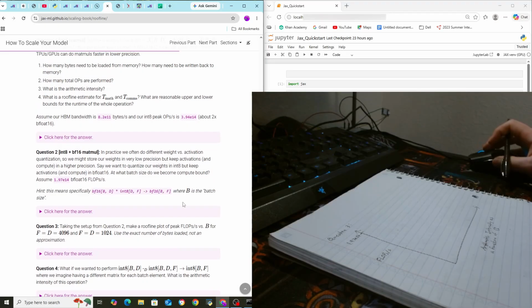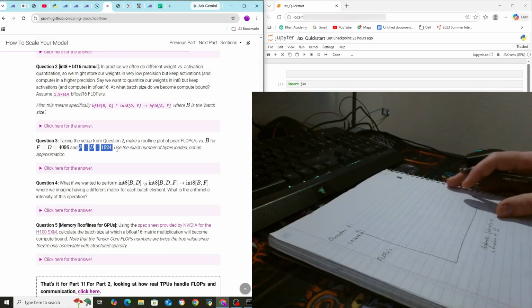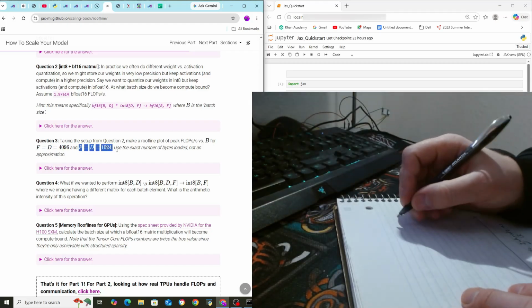It's not so simple. So maybe arithmetic intensity as a function of B isn't really what we should be saying. We can fix that later. Roofline peak plot versus B. Oh, F and D are known. Okay, so that changes everything. So scenario 1, we'll do a dotted line for this scenario, and then a straight line for this scenario.